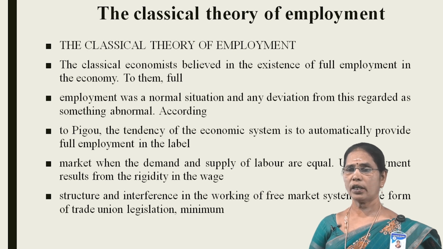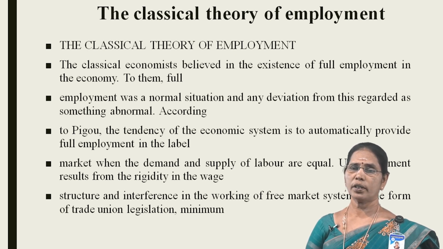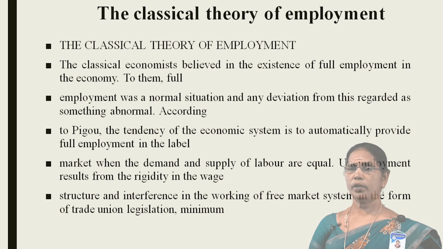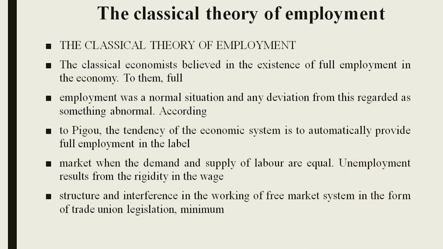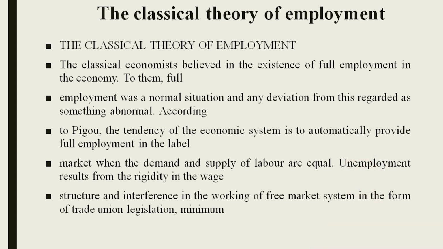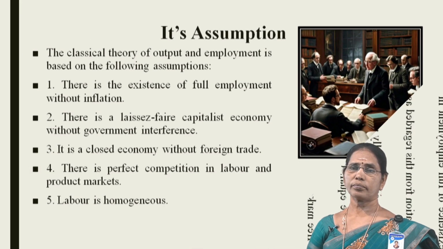The tendency of the economic system is to automatically provide full employment in the labor market when the demand and supply of labor are equal. Unemployment results from rigidity in the wage structure and interference in the working of the free market system in the form of trade union legislation at a minimum level.